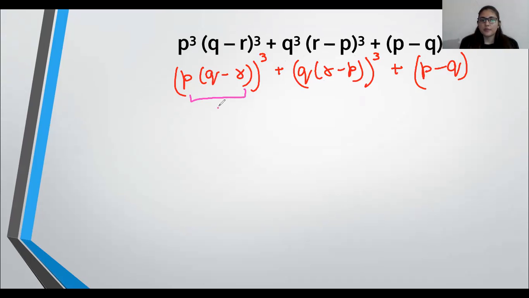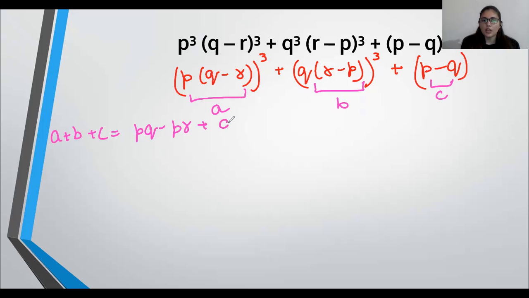So the first bracket is A, the second bracket is B, the third bracket is C. Now let's check, are we getting A plus B plus C as 0? A means PQ minus PR, B means QR minus QP, and C means P minus Q. Okay, I think there is a mistake in this question.